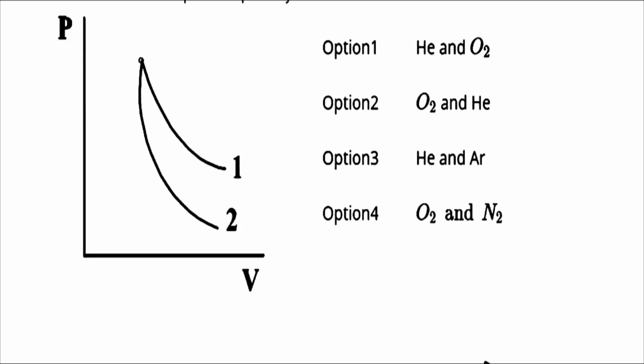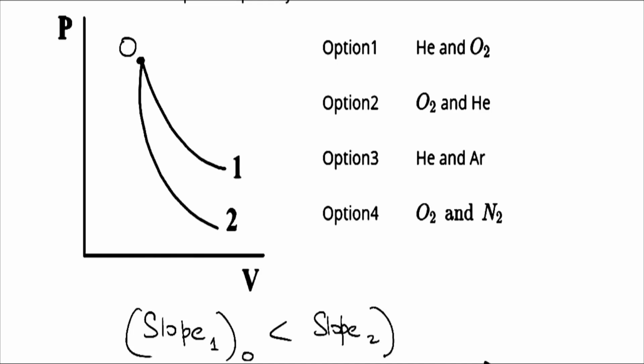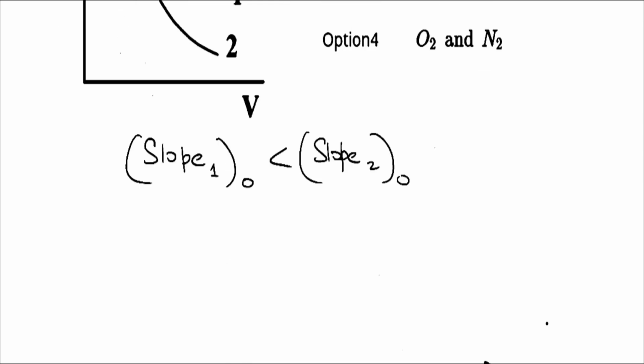So if we look at this point, let's call this point O, we can see that the slope of process 1 at point O is less than the slope of process 2 at point O. Now for an adiabatic process, we know that PV to the power gamma is equal to a constant.